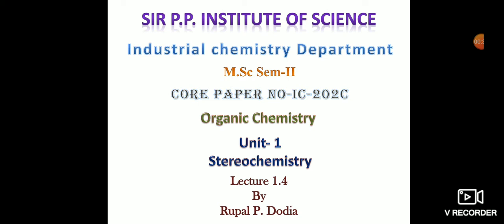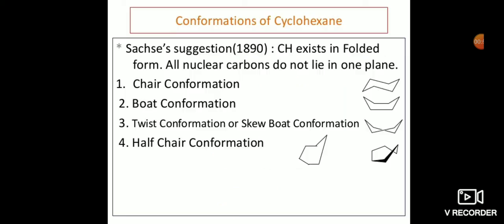In the last session we discussed how to draw structures of cyclohexane and the different conformers of cyclohexane. Today we are going to discuss some explanation for the structure of cyclohexane, right?